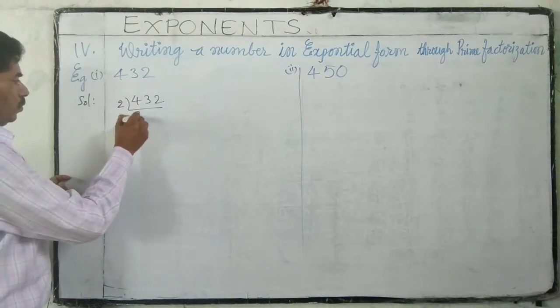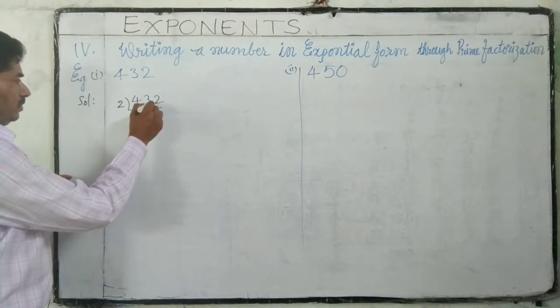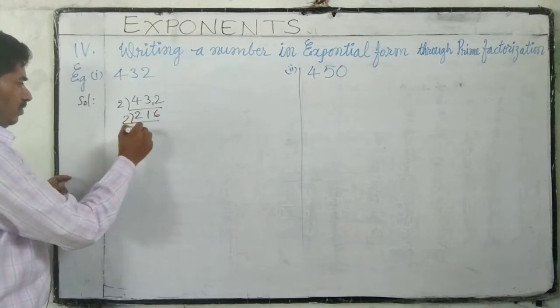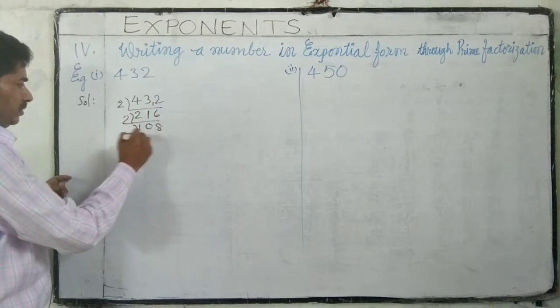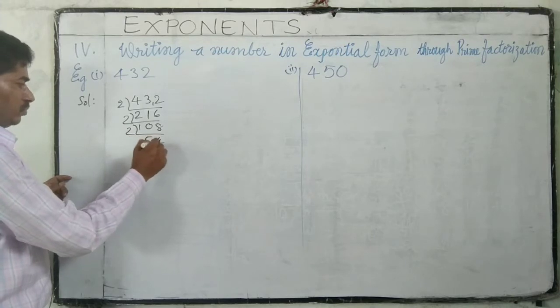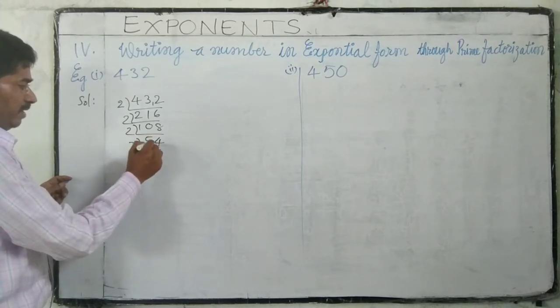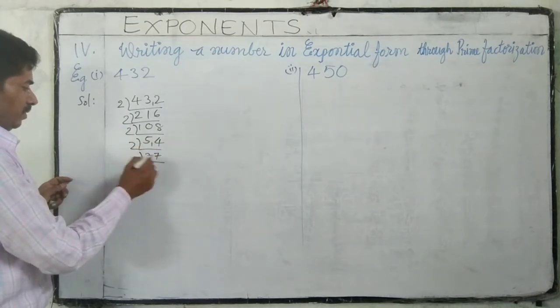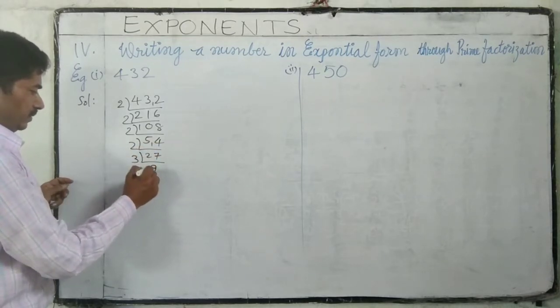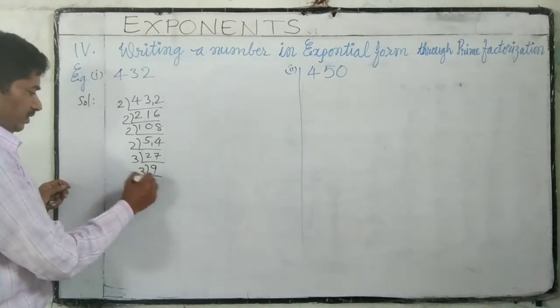2 table: 2 twos, 2 ones, 2 sixes, 2 zeros, 2 eights, 2 fives, 2 fours, 2 twos, 2 sevens. Here one remainder, 2 sevens are 14. Next, 3 nines are 27, 3 threes.